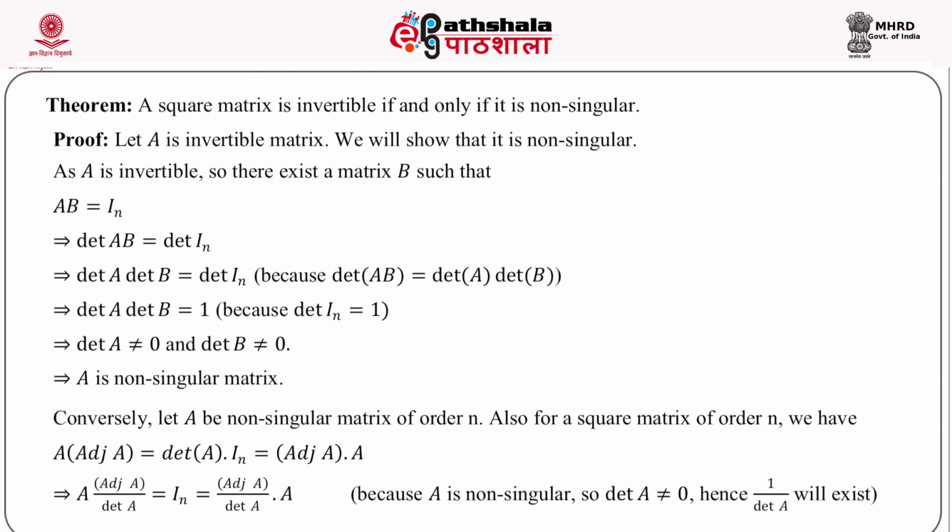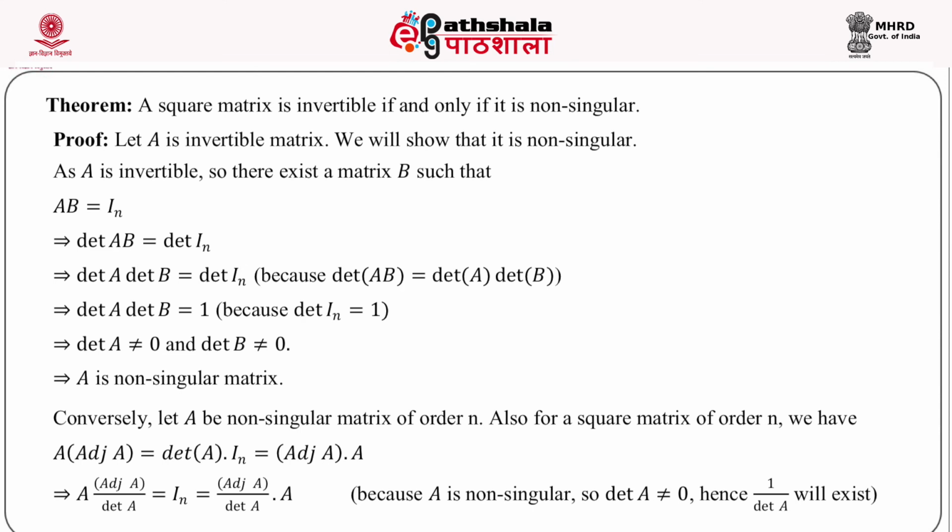So we have determinant of A into determinant of B is equal to 1. Now, this implies both determinant of A and determinant of B must be non-zero. So A must be a non-singular matrix.